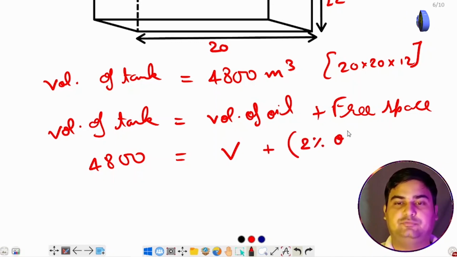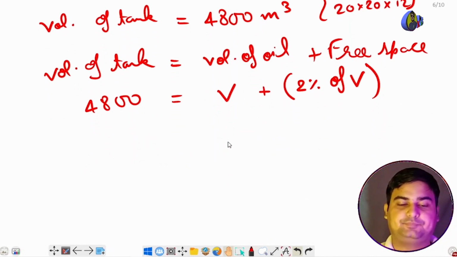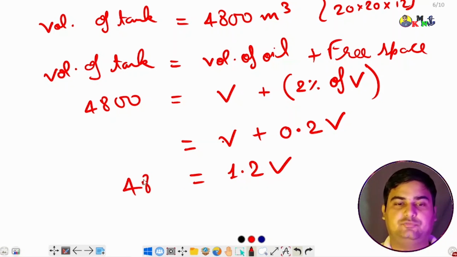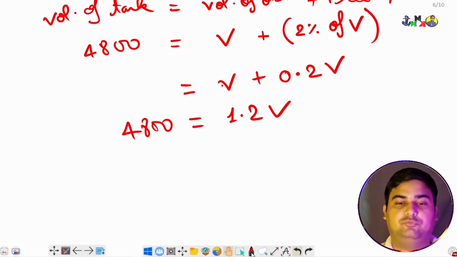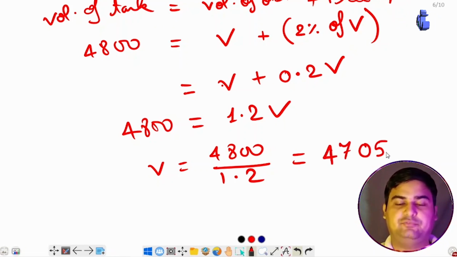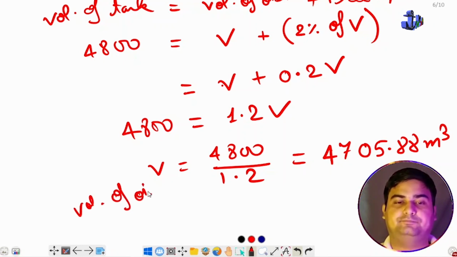So it will be V plus 0.02 V, which will be equal to 1.02 V, that is equal to 4800. So V is equal to 4800 divided by 1.02, which will come out to be 4705.88 meter cube. So this is the volume of oil.